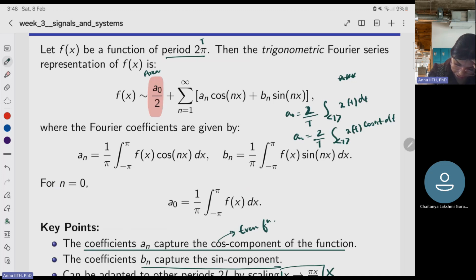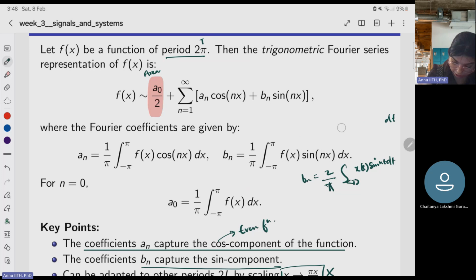So here, Bn is nothing but 2 by T, integration of f(t) sin nt dt. Here my function is a function of t, so this is f(t), whereas if we take x, it will be a function of x. Cos nx will be a function of x. So this is a simple formula that you have to take here.